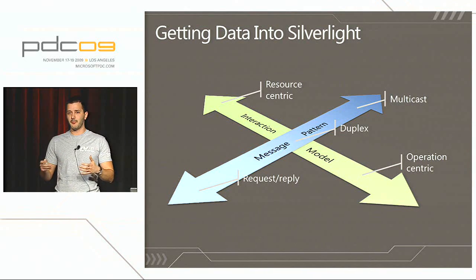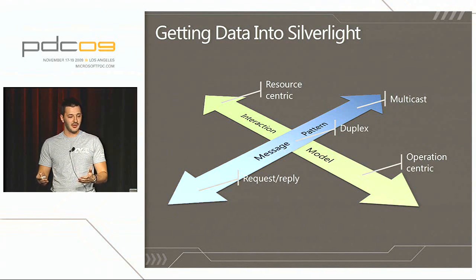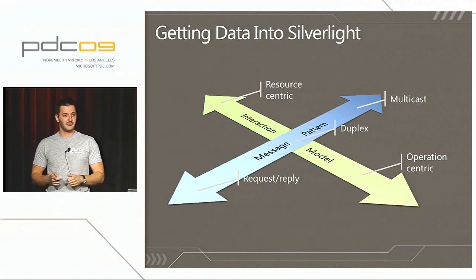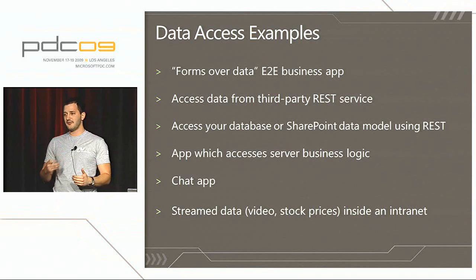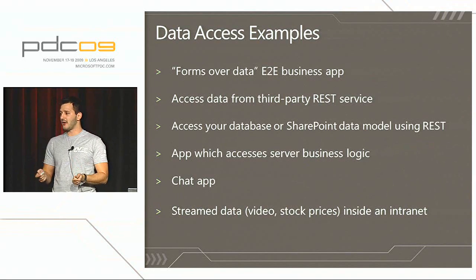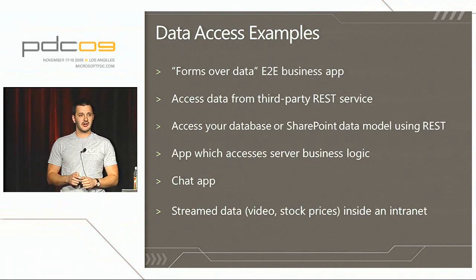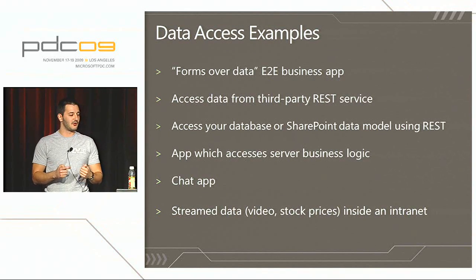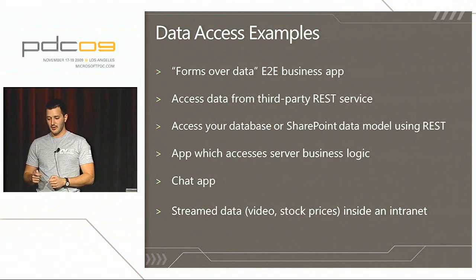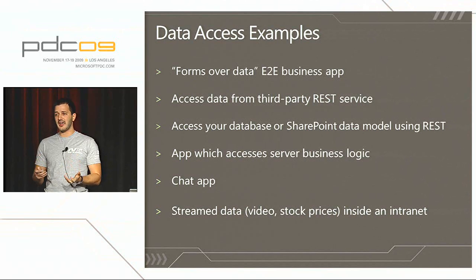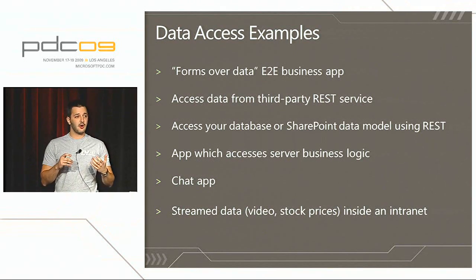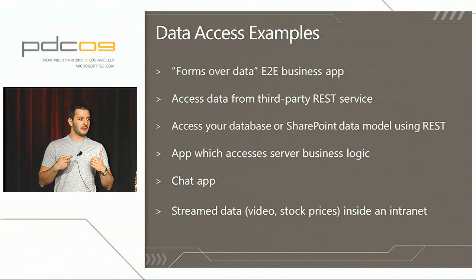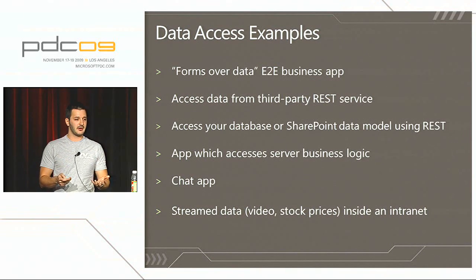So what we're going to try to do is map technologies to this spectrum here so you can know what technology to use when. And I know this is a bit theoretical, so let's dive through some of these scenarios which we're going to cover today in detail. We're starting with the forms over data application that you're all familiar with. When we move along, we have something like accessing a public REST service. Further on, we have a scenario where you own the data, so you build your own REST service on top of a data model, and then you access that from Silverlight.